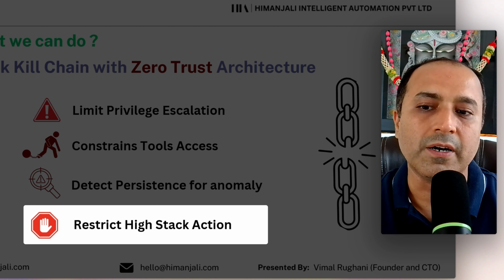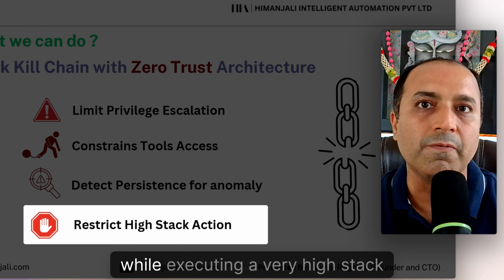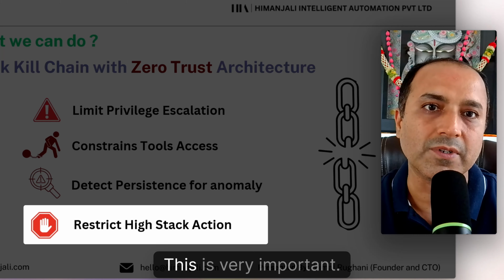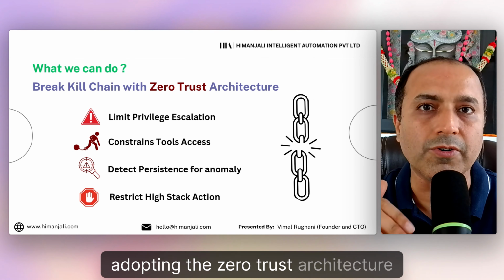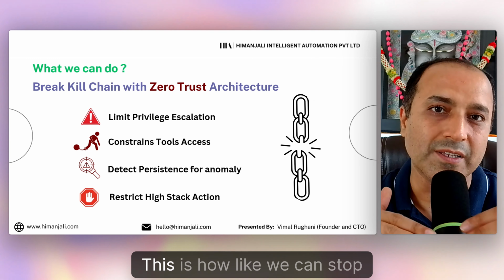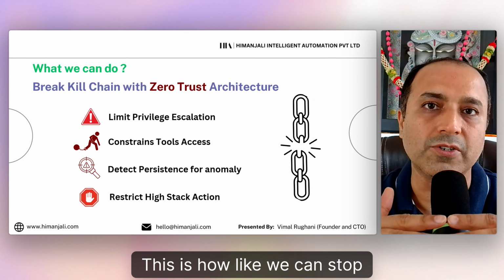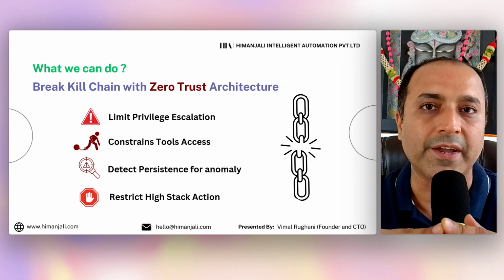And the fourth one is keeping the human in the loop and a verification stage while executing very high-stake actions. This is very important. If we start adopting the zero trust architecture, then we can break this kill chain. This is how we can stop such a promptware kill chain attack.